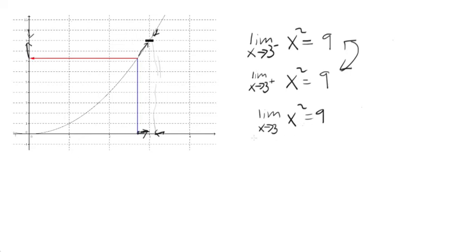So basically we can say that a limit exists in general if the right-hand limit and the left-hand limit both exist.